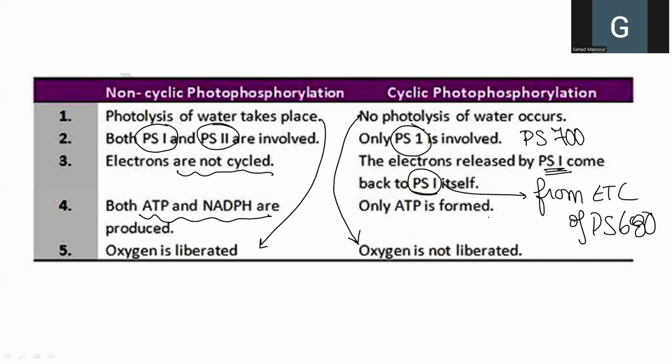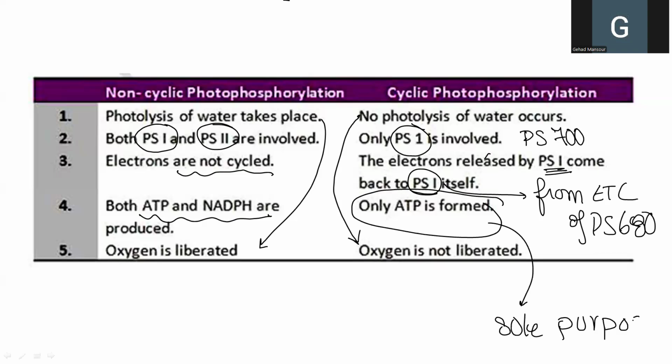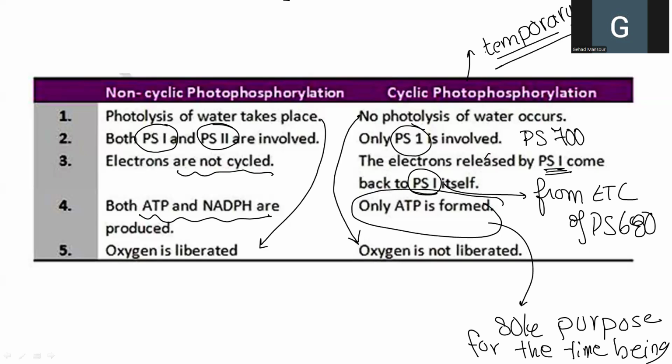What is important is that the cell is focusing on only one sole purpose, not forever, but for the time being. We are in a status of shortage of ATP. So cyclic photophosphorylation is a temporary process. It's not a major process, and it will stop once the ATP stores are replenished.